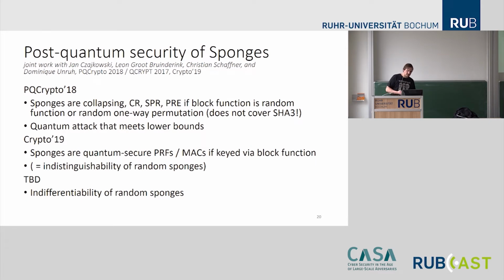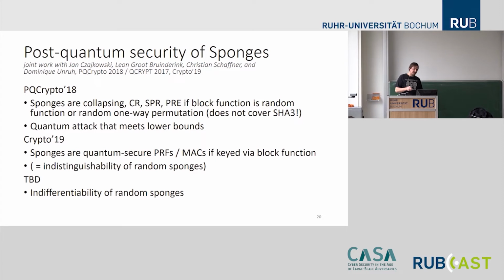What we're still missing is a proof of indifferentiability for random sponges. That's something some of my co-authors, especially Jan Czajkowski and indirectly Christian Schaffner, are working on. They've got a paper online about this, but that still has some technical issues. They might have fixed this by now.